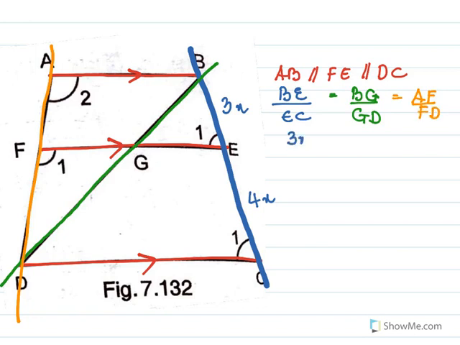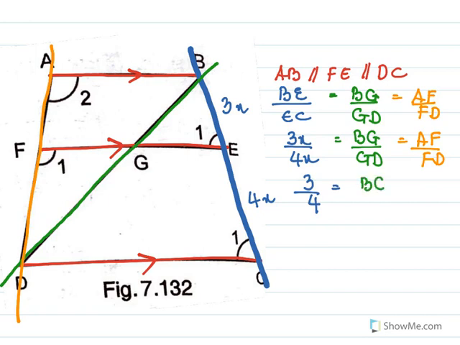Now BE over EC we know is 3x over 4x, which is now equal to BG over GD, which is now equal to AF over FD. So I can say now 3 over 4 equal to BG over GD, and 3 over 4 is also equal to AF over FD. So this is also 3 over 4 ratio, and here too the ratio is 3 over 4.